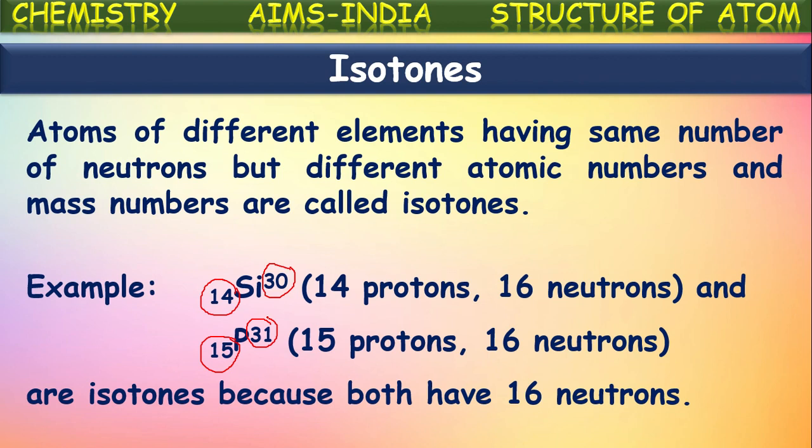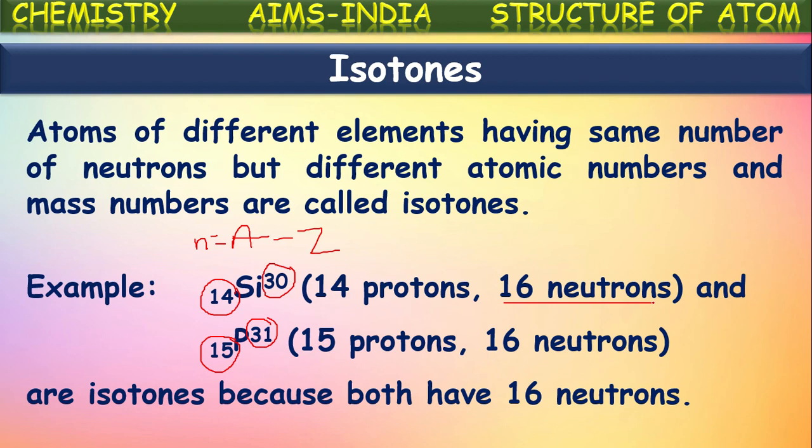But if you calculate the number of neutrons of these atoms, how do we calculate it? We know the number of neutrons is equal to mass number minus atomic number. For silicon, mass number 30 minus atomic number 14 gives 16 neutrons.